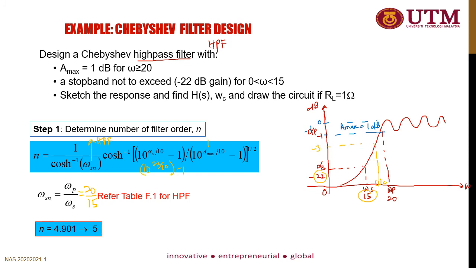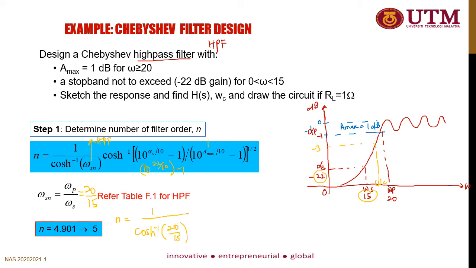Replace omega Sn with this value, and make sure you do it properly. So 1 over inverse cosh. Write down the general equation first, then you put in the values.